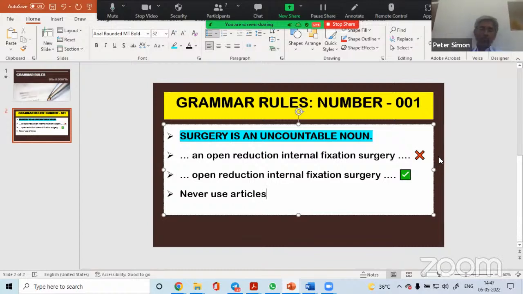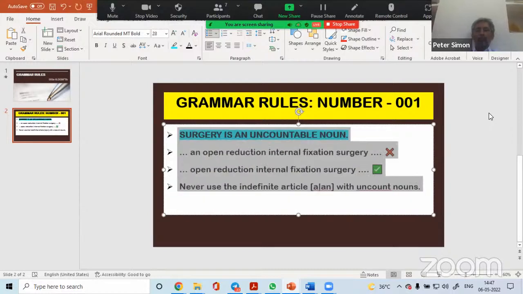Indefinite article. Definite article you can use. Now what is this, definite and indefinite? Never use the indefinite article. The indefinite article is 'a' or 'an'.